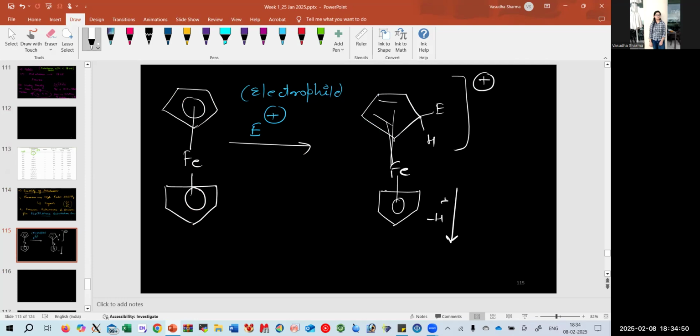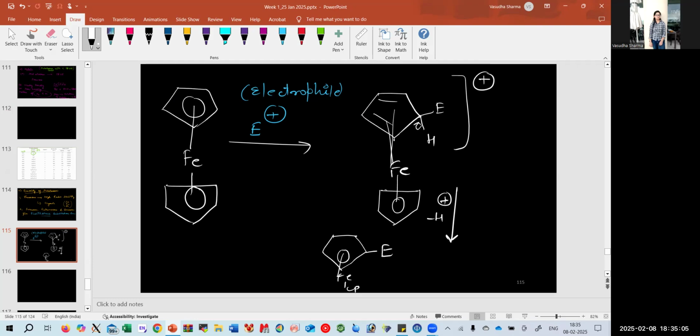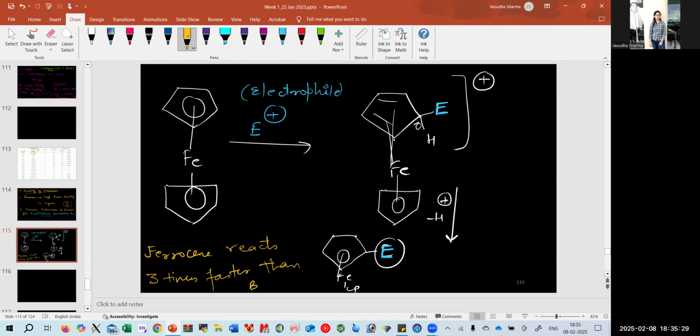Now the H positive will be lost, and it regains a minus charge again, and therefore it retains its Cp nature. And here there would be a substitution of E. So the point is, ferrocene actually undergoes this reaction 3 times faster than benzene because of the high electron density present on the Cp ring.